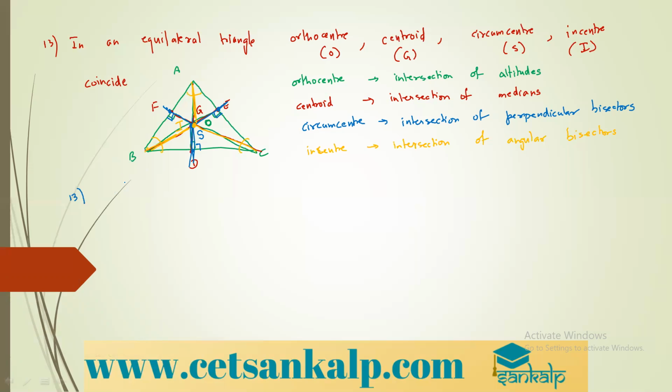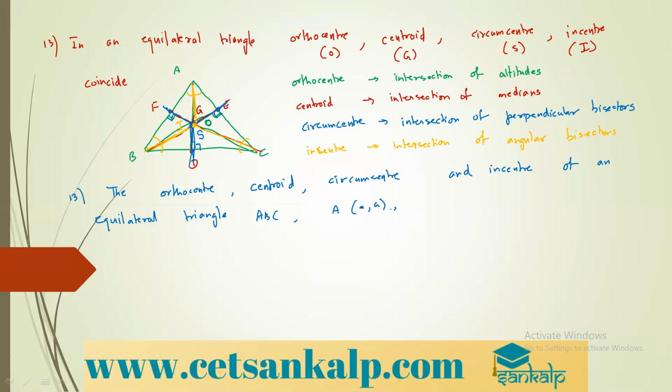So in the problem, I am asking you to find the orthocenter O, the centroid G, the circumcenter S, and the incenter I of an equilateral triangle ABC, where A is (a, a), B is (-a, -a), and C is (-a root 3, a root 3).